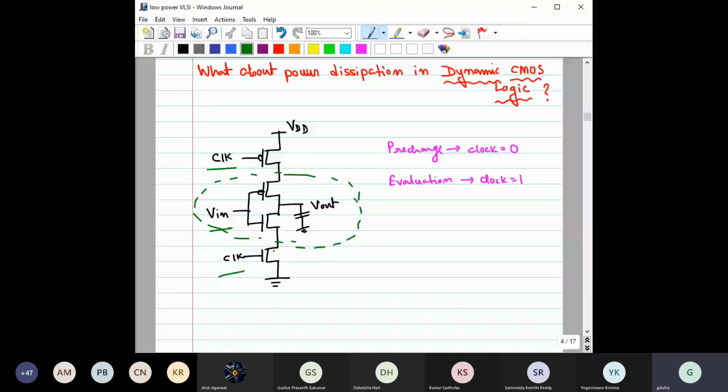All transistors have the same threshold voltage. And in dynamic CMOS, we only need the pull-down network.